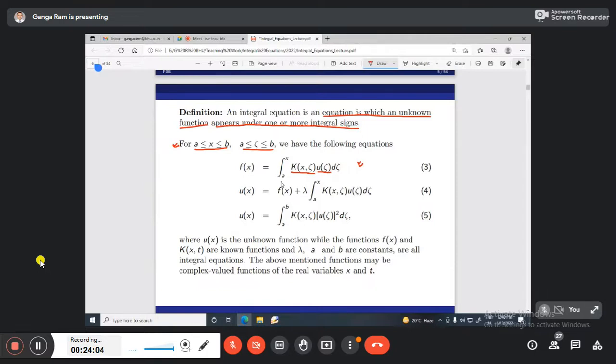See here, in this it is a to b, where x is from a to b, and zeta is also in that interval. These are two functions, and u is the unknown function.